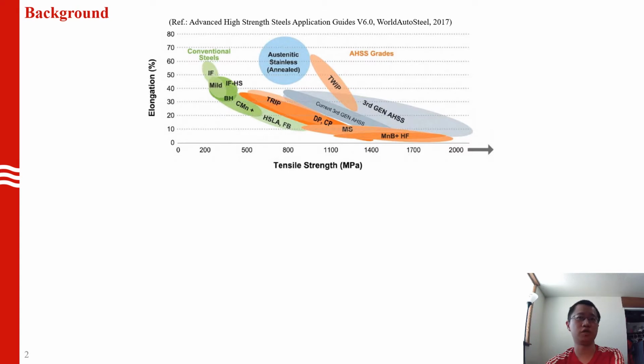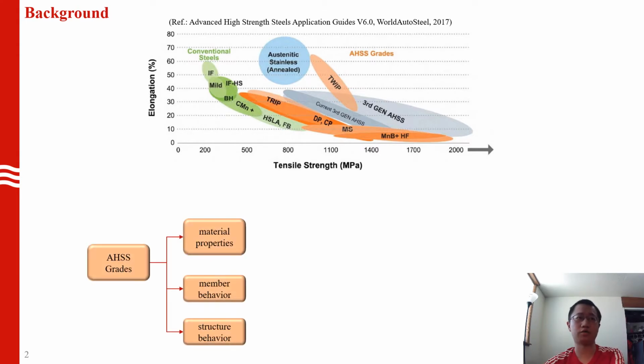To achieve this promising future, we have launched a large-scale project to better understand their material properties and structural performance. For these grades, we try to understand different perspectives, including the material properties, member behaviors, and also the behavior at the structure level.